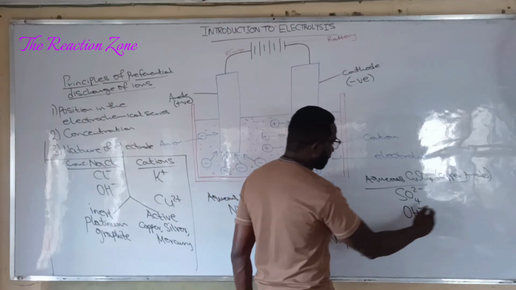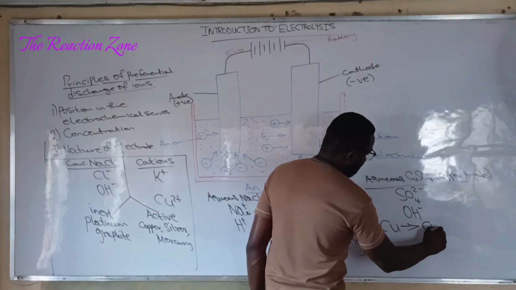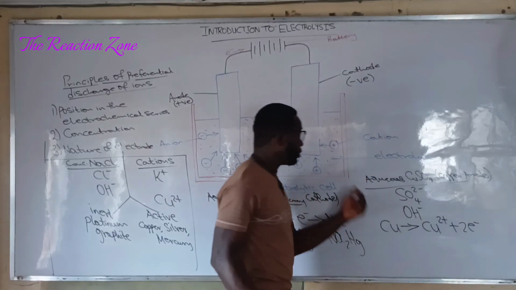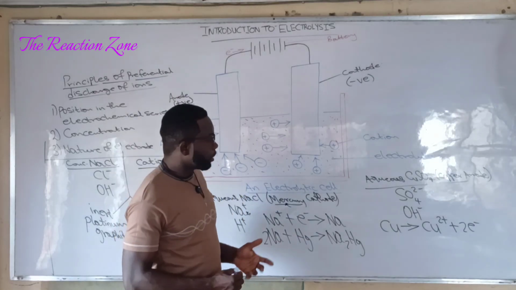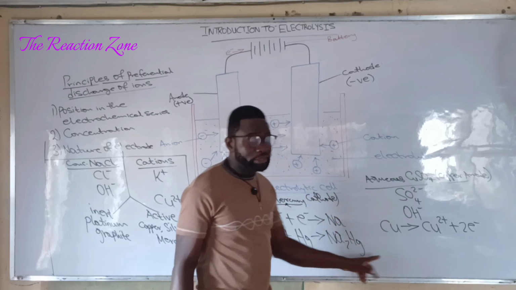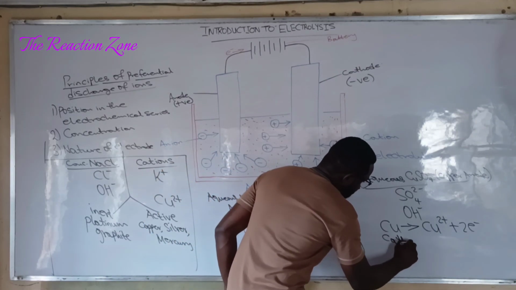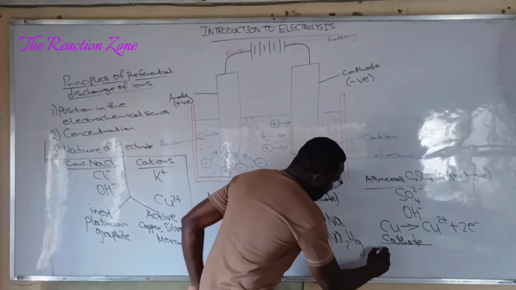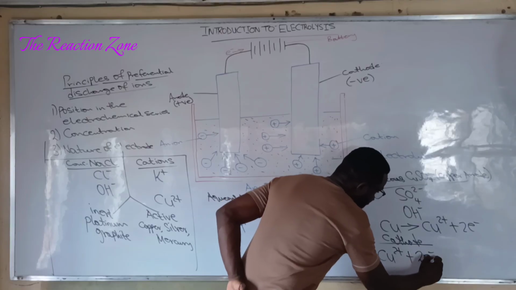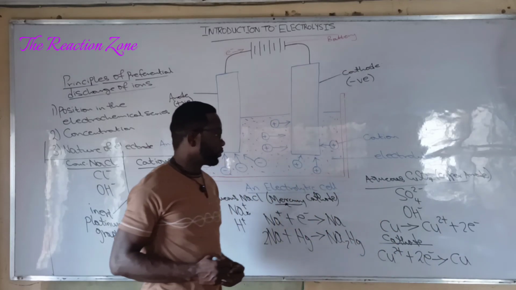So the copper atoms will lose electrons and ionize, becoming copper 2 ions and go into the electrolytic solution. And when they go into the electrolytic solution as copper 2 ions, they will migrate to the cathode. And when they get to the cathode, the copper 2 ions will undergo reduction by accepting 2 electrons and be deposited as copper.